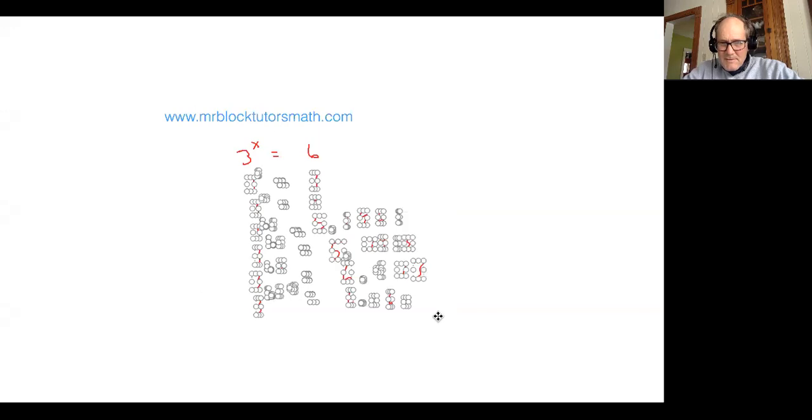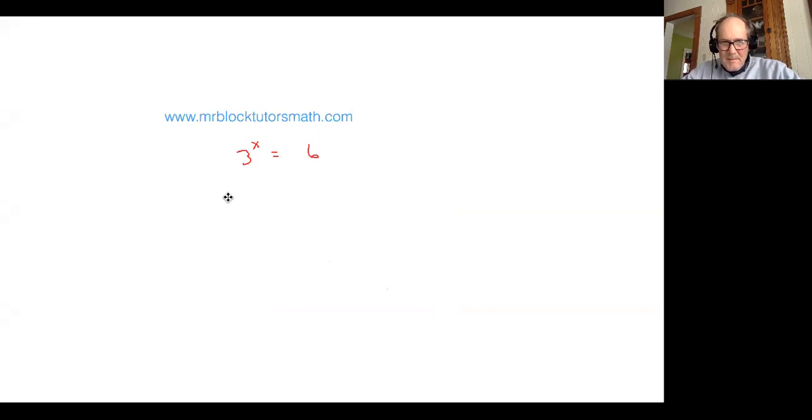I'll just erase all this scratch work there. What we do is we simply take the log of both sides. Now, if I put the word log in there, that means I'm taking log base 10. There's a rule that says the log of a to the x equals x times log a. That's the rule that's going to allow us to solve this quickly.